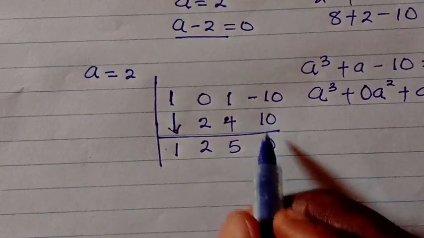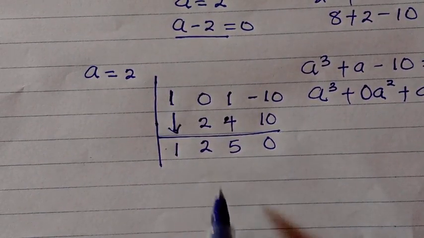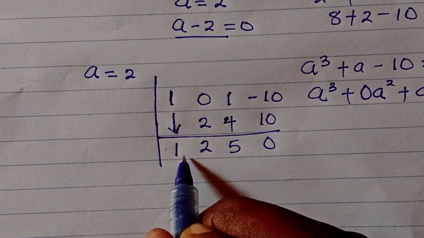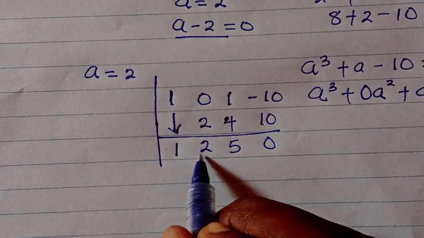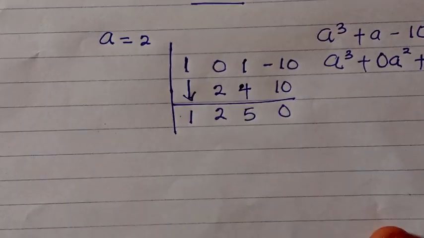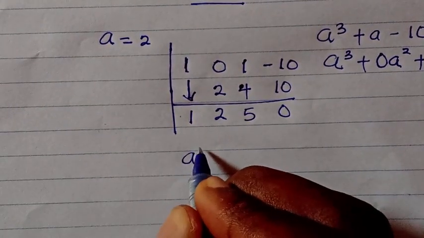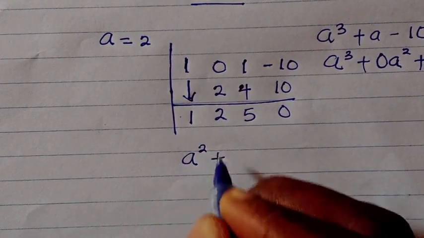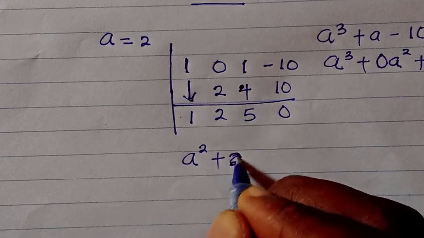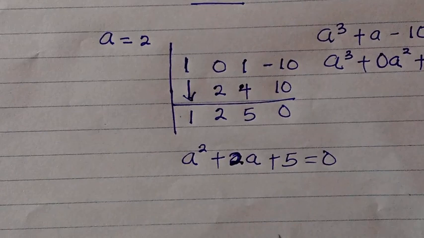As soon as we got 0 at the last part here, we are going to rewrite this as an equation. Looking at this, we have 3 terms, which indicates a quadratic trinomial: a squared, a, and the constant value. So therefore, we have a squared plus 2a plus 5 equals 0.